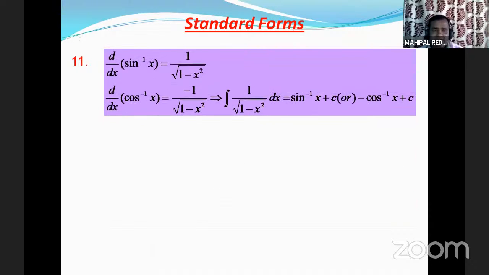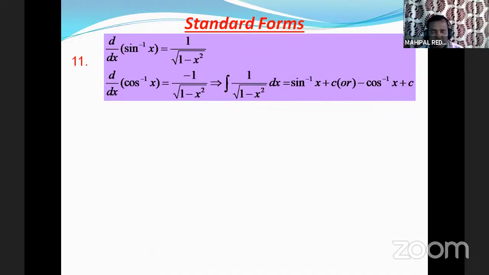Now, the 11th one is inverse trigonometric functions. The derivative of sine inverse of x equals 1 by under root of 1 minus x square.